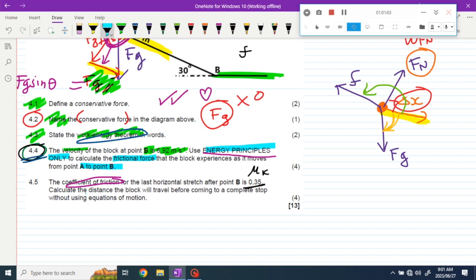Then they say, calculate the distance the block will travel before coming to a complete stop without using equations of motion. Without using equations of motion implies make use again of energy principles.